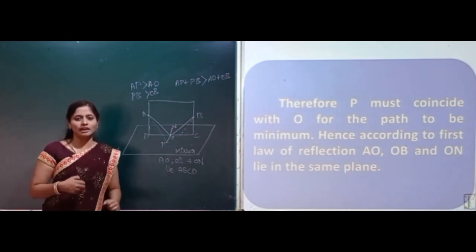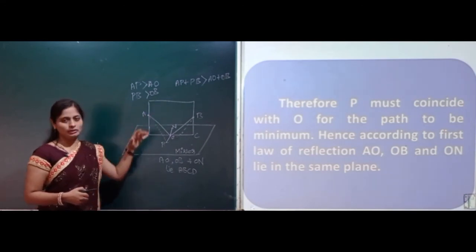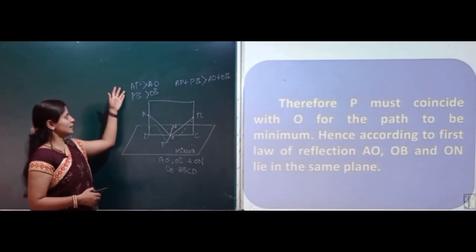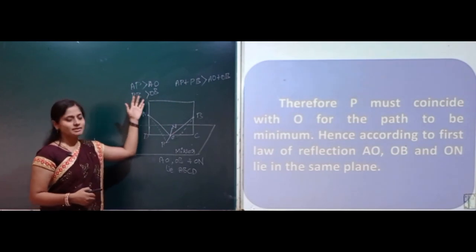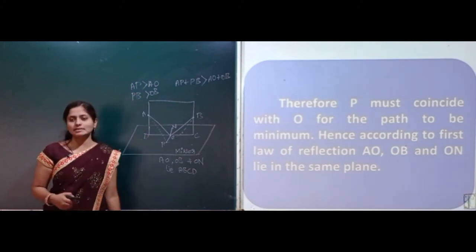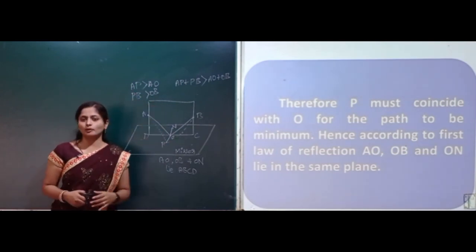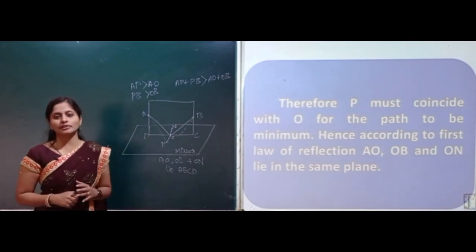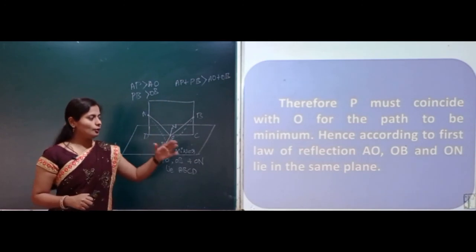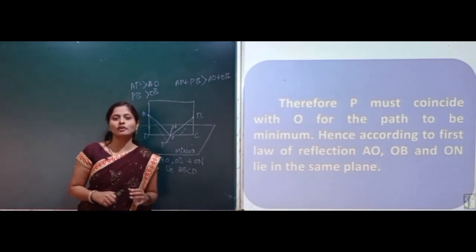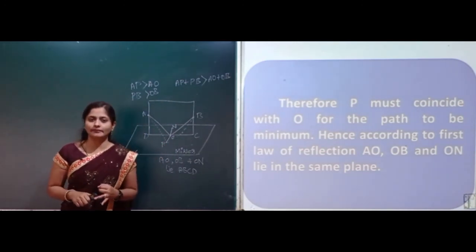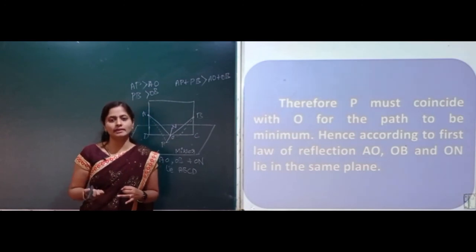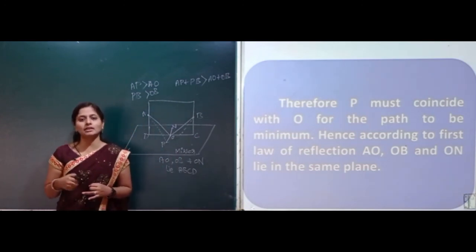Next we have to compare: AP is greater than AO, BP is greater than OB, and AP plus PB is greater than AO plus OB. So the conclusion or definition of our first law of reflection is that AO, OB and ON, that is the incident ray, reflected ray and normal, lie in the same plane.